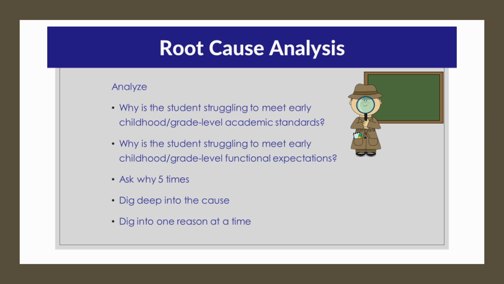It is important to follow a why string, ultimately asking why up to 5 times, all the way to its conclusion to identify the root cause. During the why discussion, IEP team members may suggest what seems unrelated to the area of concern being discussed. If this happens, jot those ideas down.